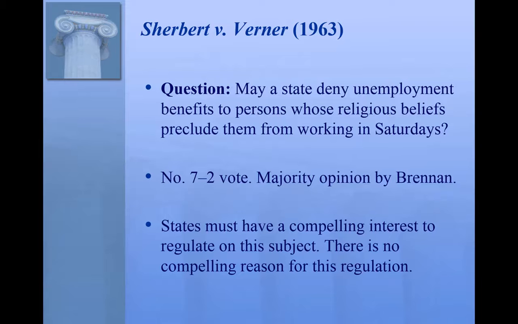The court says states must have a compelling interest to regulate on the subject of unemployment benefits or any subject related to work and religious practice. And the court says there is no compelling reason for the regulation being applied in the way it was to the individual who would not take work because of her religious beliefs.